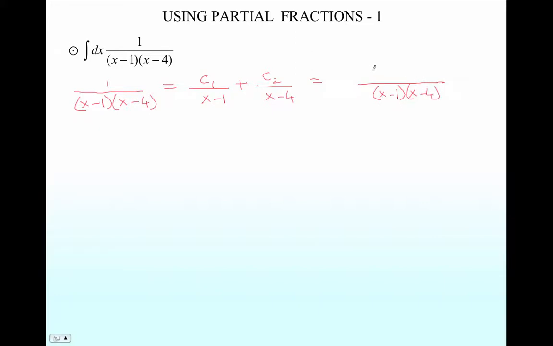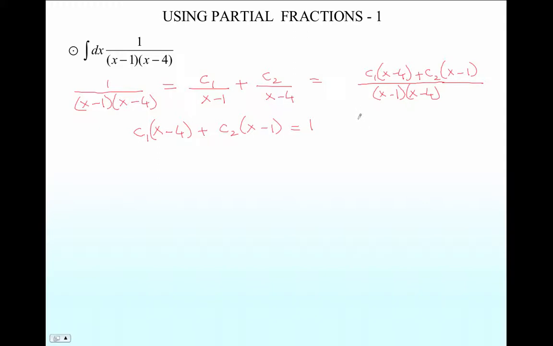And then we have C1 into x minus 4 plus C2 into x minus 1. And now we want C1 into x minus 4 plus C2 into x minus 1 to be equal to the numerator over here, this 1 over here. And so that's 1.